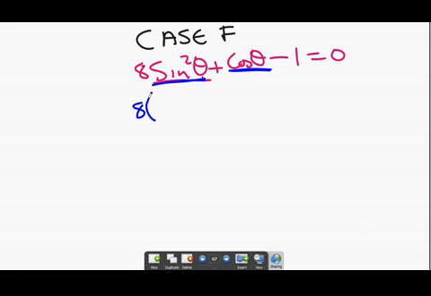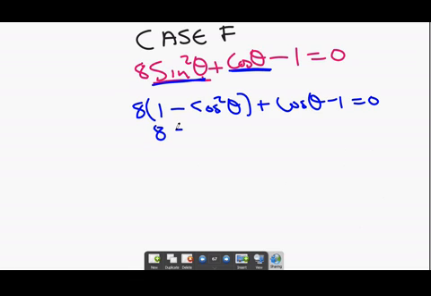We use our identities. It's 1 minus cos squared theta plus cos theta minus 1 is equal to 0. Once you've got this, you're now going to simplify: minus cos squared theta plus cos theta, and then the constants.